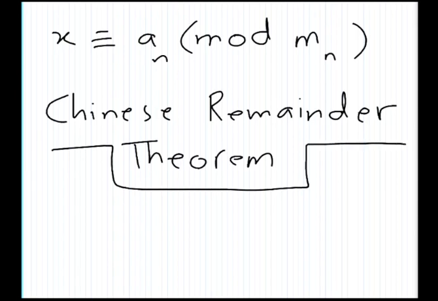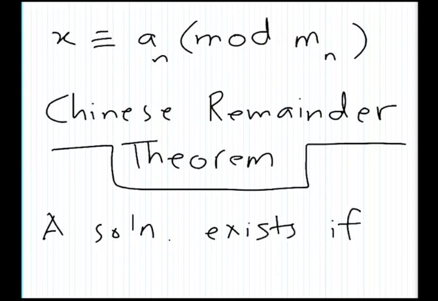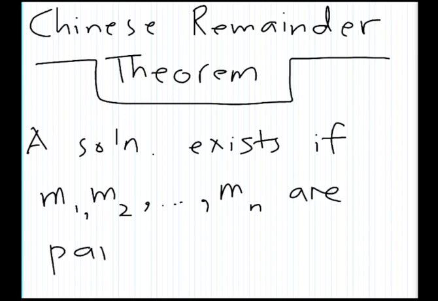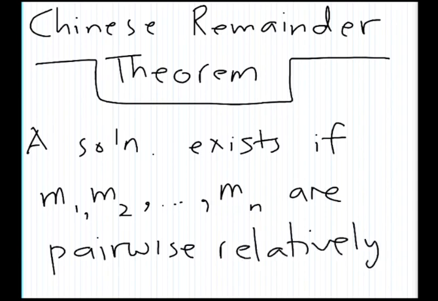It says that if you have a set of congruences like this, a solution exists if m1, m2, up to mn are pairwise relatively prime.